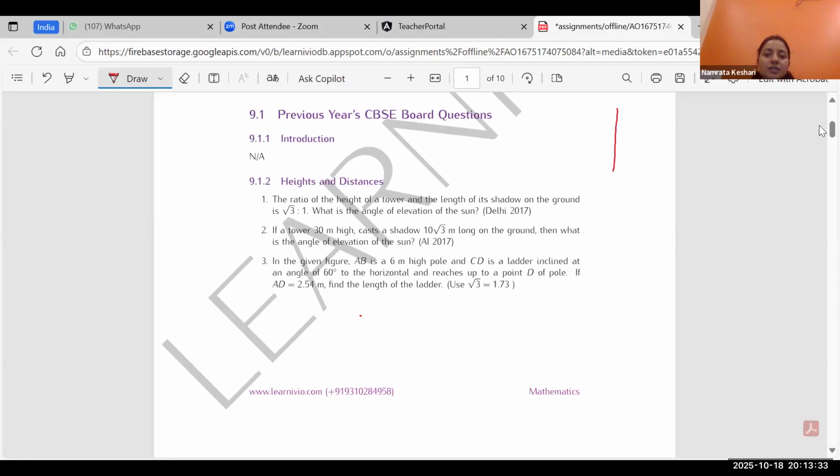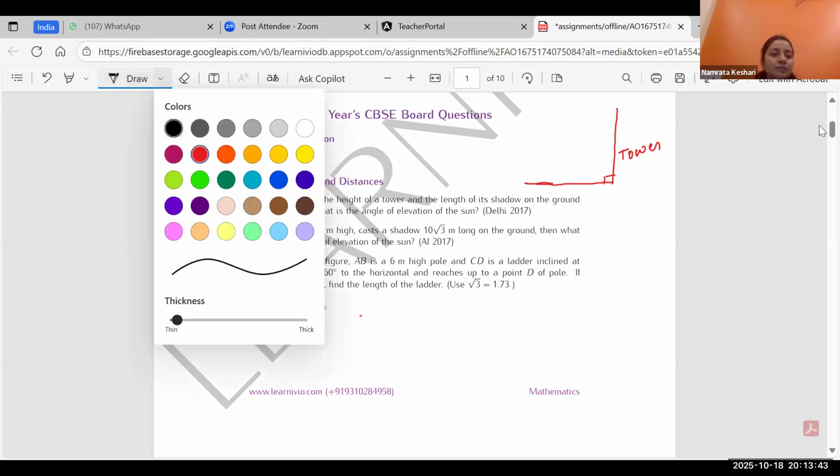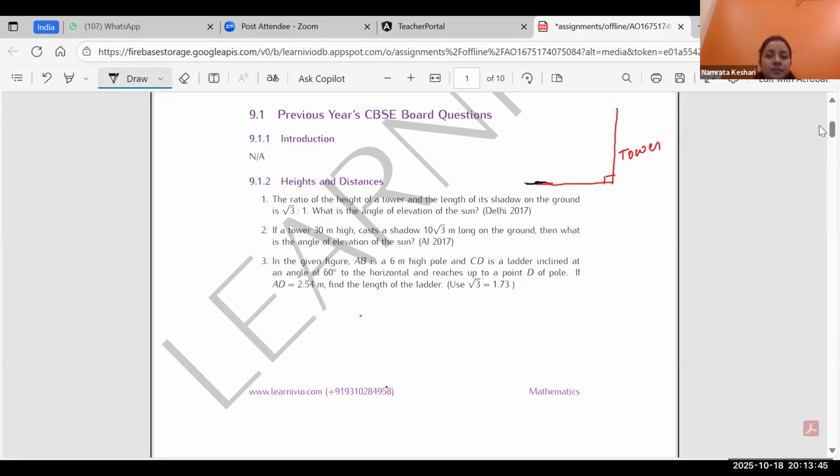That means there is a tower, making 90 degrees with the ground, and there is a shadow on the ground, right? Yes. We are supposed to find the angle of elevation of the sun.